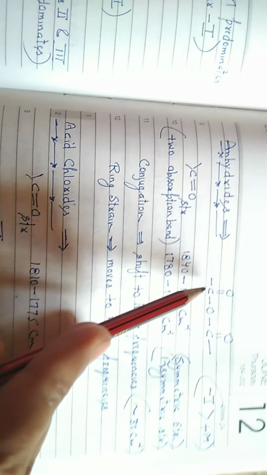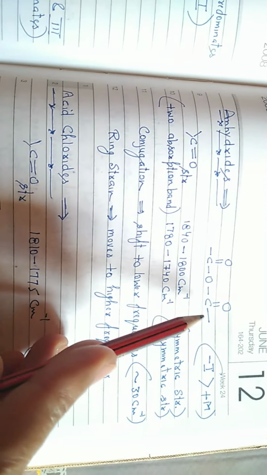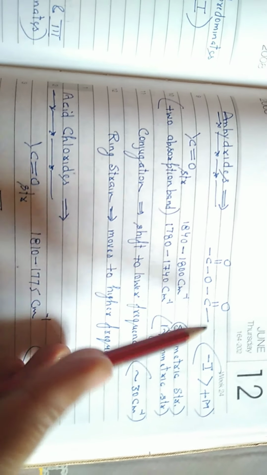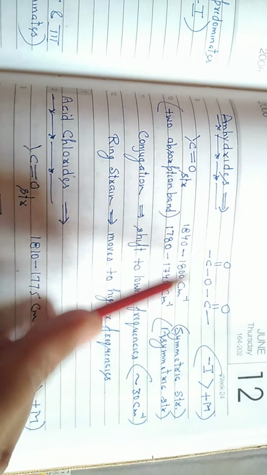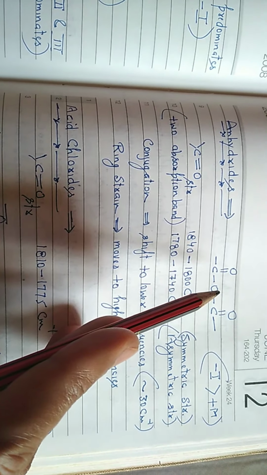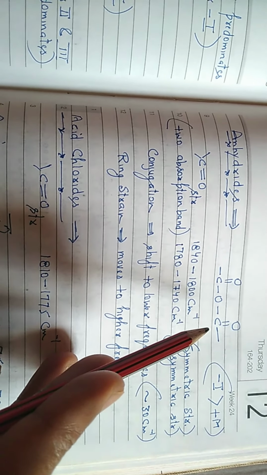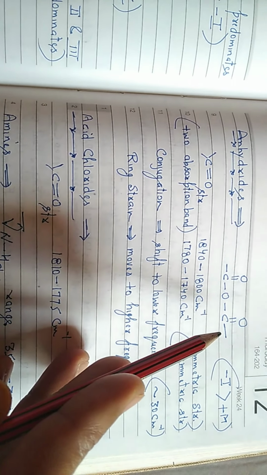In anhydrides, the functional group is carbon double bond O, single, carbon double bond O. Here we also observe the same region which we saw earlier in carboxylic acid and esters. What is the region?